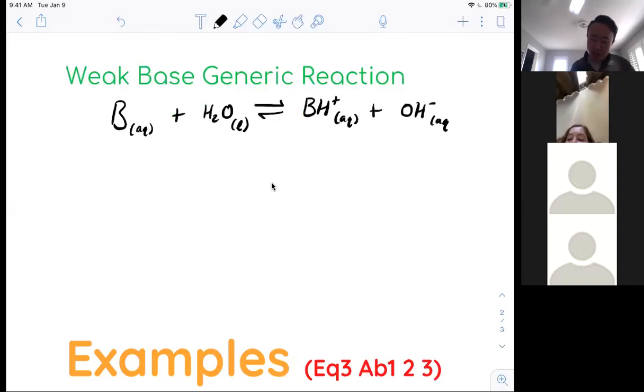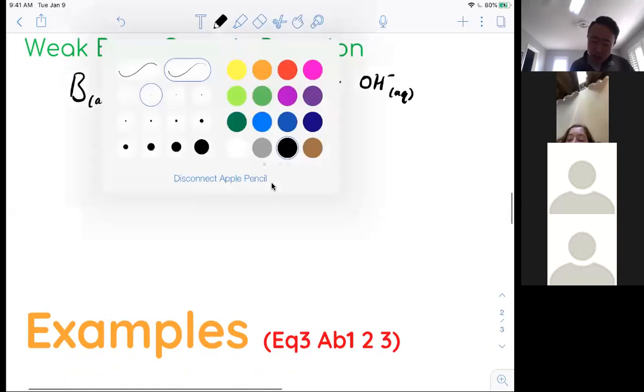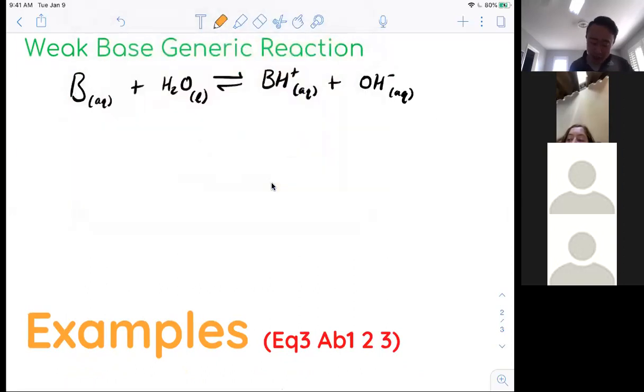And so again, the nice part about weak acids and weak bases is that you always have a 1 to 1 to 1 to 1 ratio. So if I think about my ice table, I ice this up in the exact same form.